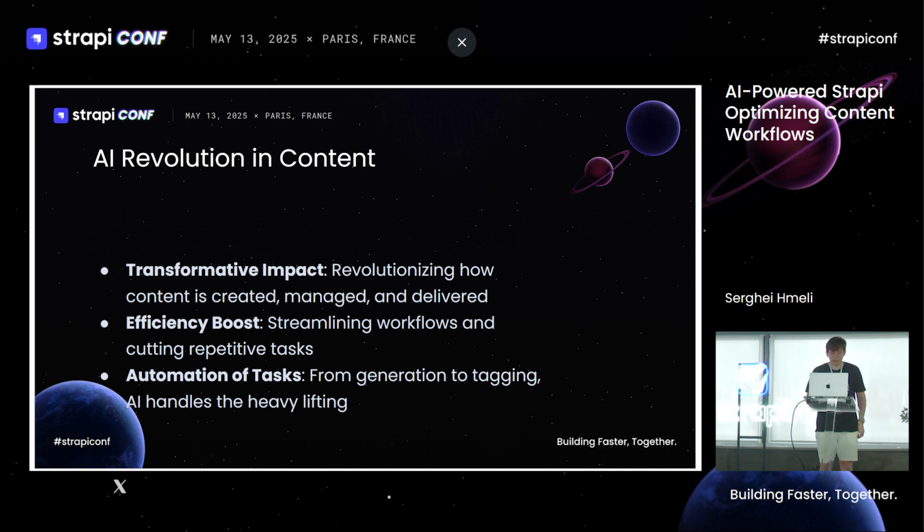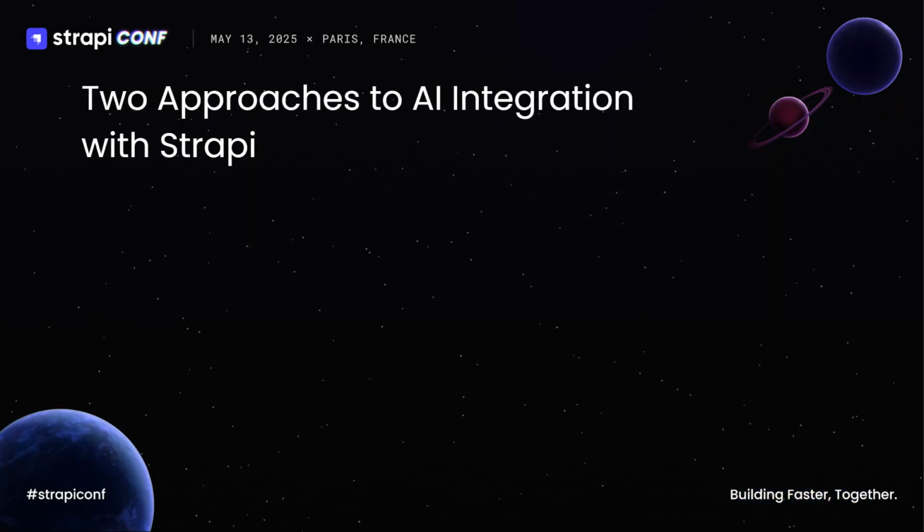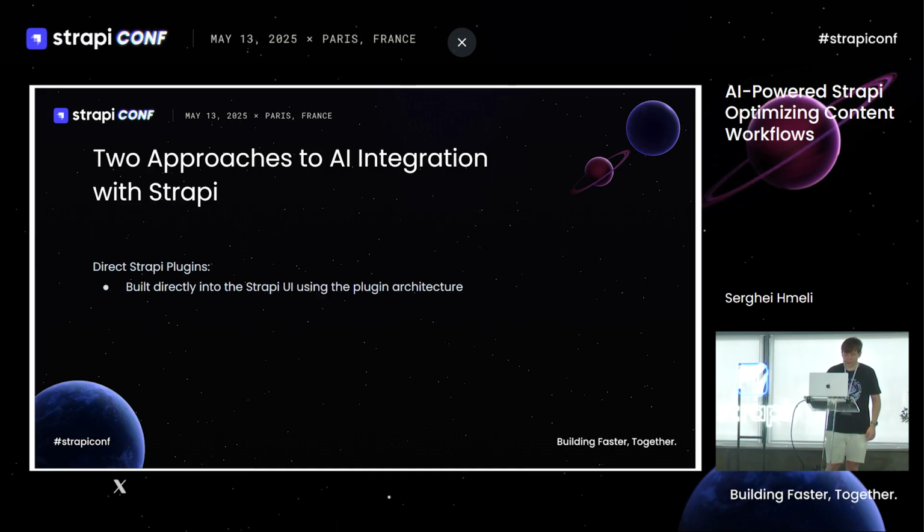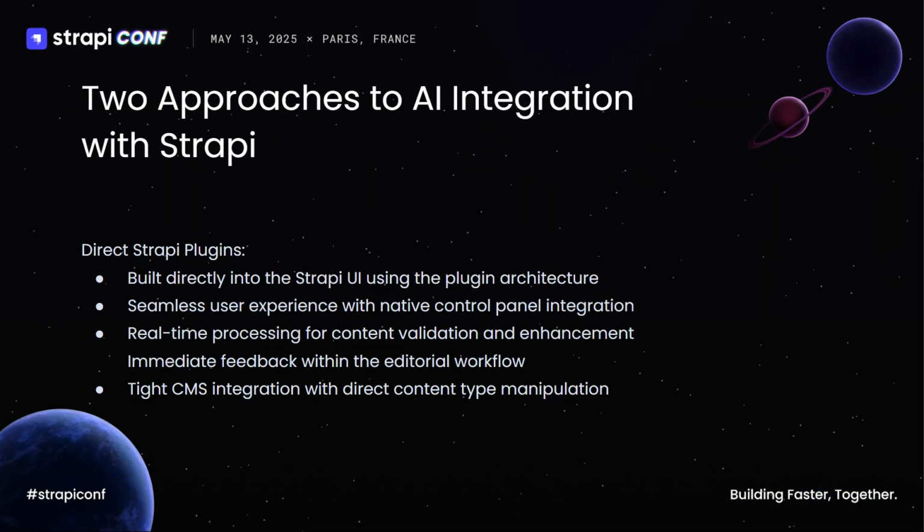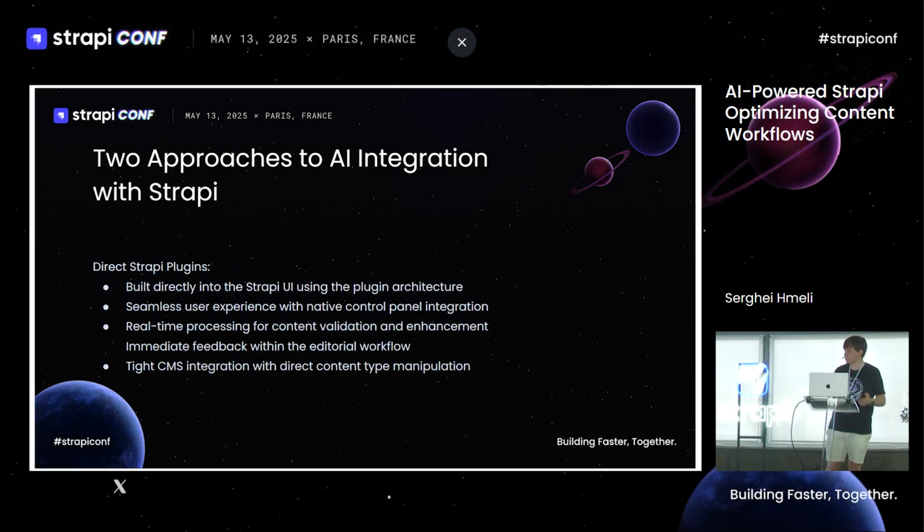I've identified two approaches for integrating AI in Strapi, and one of them is to create plugins directly in Strapi with AI integration. This way we can integrate it directly with the UI, content types, and our content library, and do really deep integration.